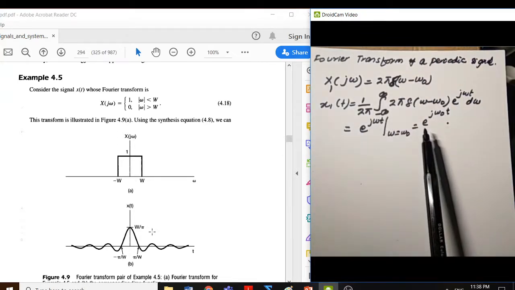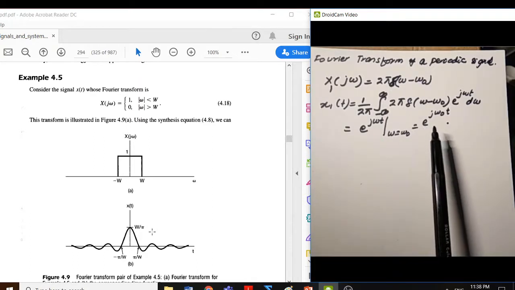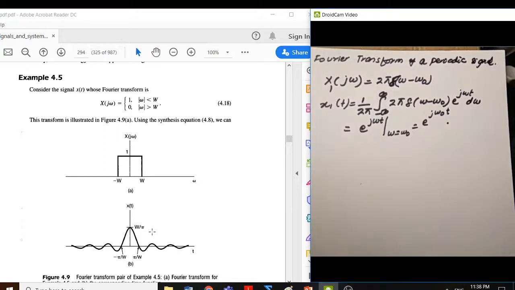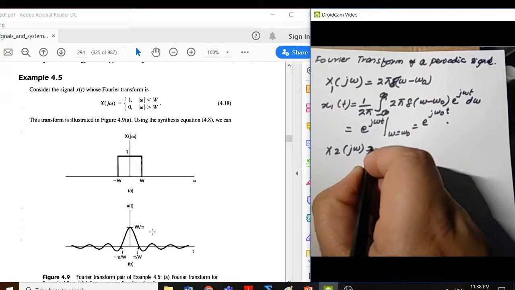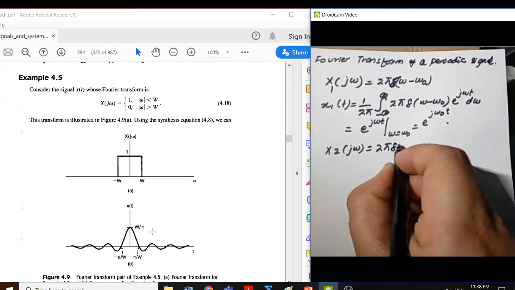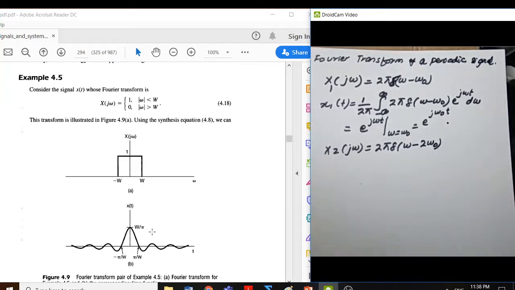Coming back to the numerical, now this is e to the j omega naught t. Now if we have lots of functions, say x2 of j omega equal to 2 pi delta of omega minus 2 omega naught, and so many other functions, x3 of j omega, and say x of minus 2 j omega.